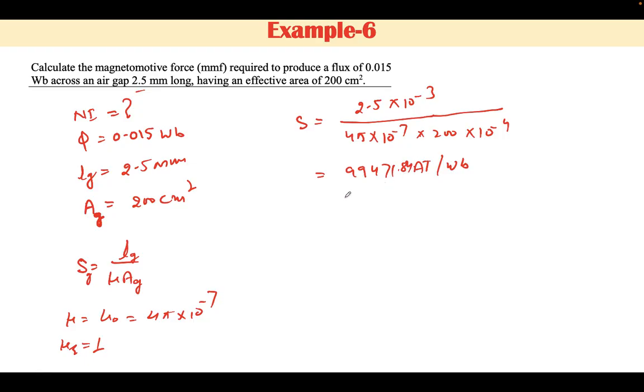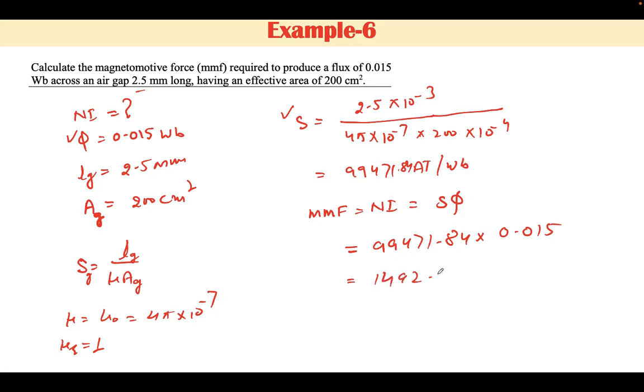Now by the definition, we know mmf is equal to Ni is equal to S phi. S we calculated, phi is given to us, then Ni is equal to 99471.84 into 0.015, and that is equal to 1492.08 ampere turns. This is the answer.